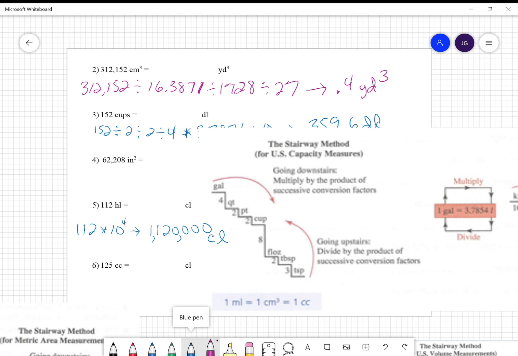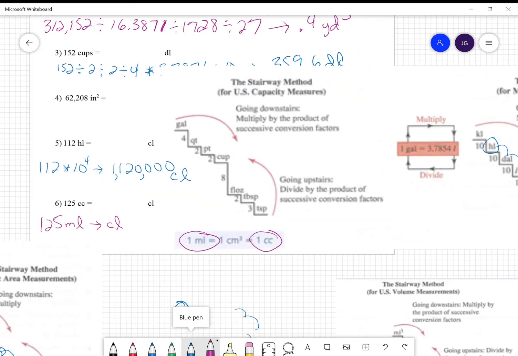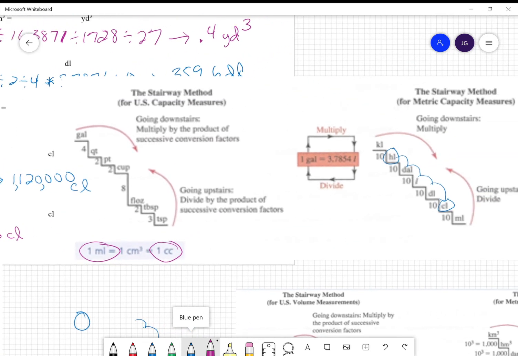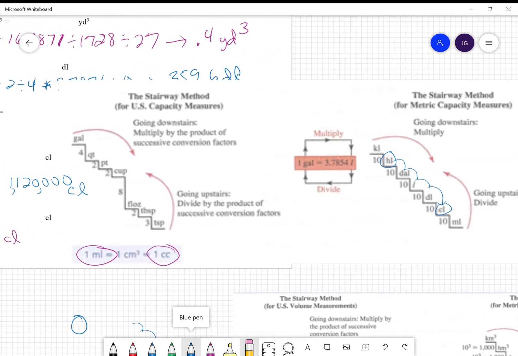Next example, 125 cc to centiliter. Okay, so it's still the capacity chart. So a cc is the same thing as an ml. So I have 125 ml to cl. Now, ml to cl.